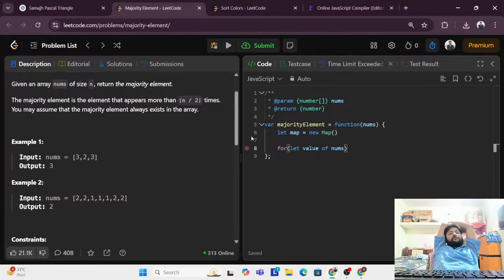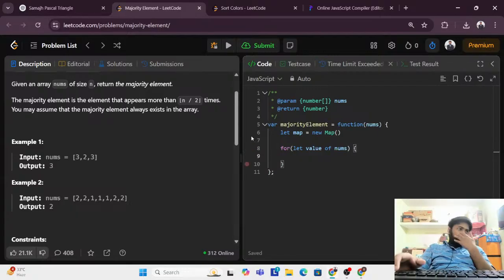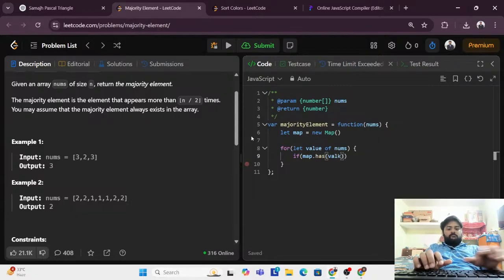I need to think about it. So what is the need for indexing, because I only need the value and its count, right? No, I really don't need to. Yeah, let's see. If map dot has value, then what I'll do is map dot set value. I'll increase the count of it, right?